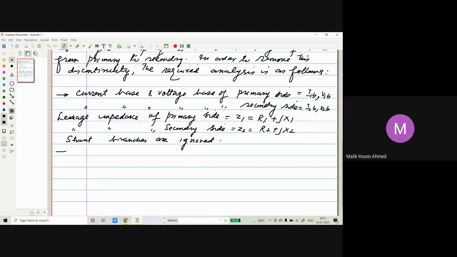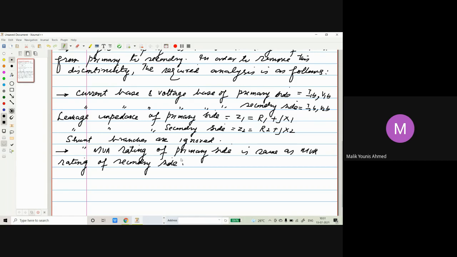Next, the MVA rating of the primary side is the same as the MVA rating of the secondary side, because I have told you the complex or apparent power base will be the same throughout the power system.